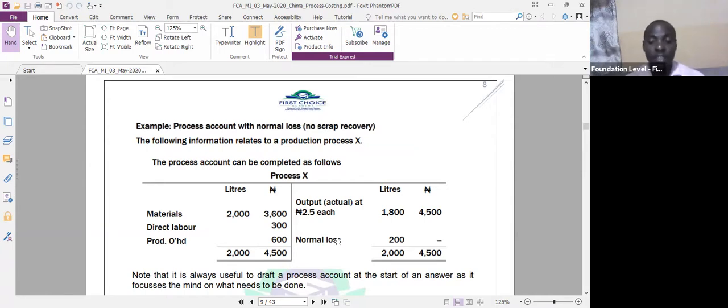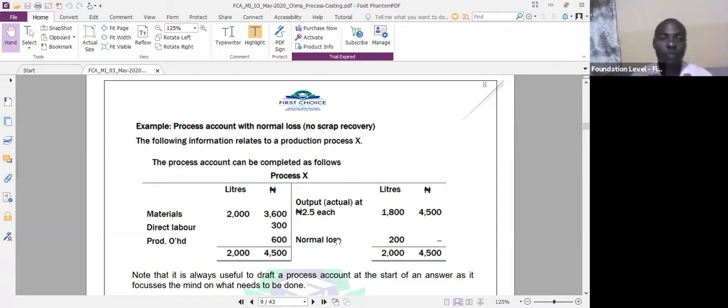Going to the right hand side, we now apportion to normal products. So the normal loss is 200 pieces of normal loss gone. Since we are not expecting to get a recoverable value, the 200 units ought to have no value. So what happens to the output? Output will take all the blame, take everything.